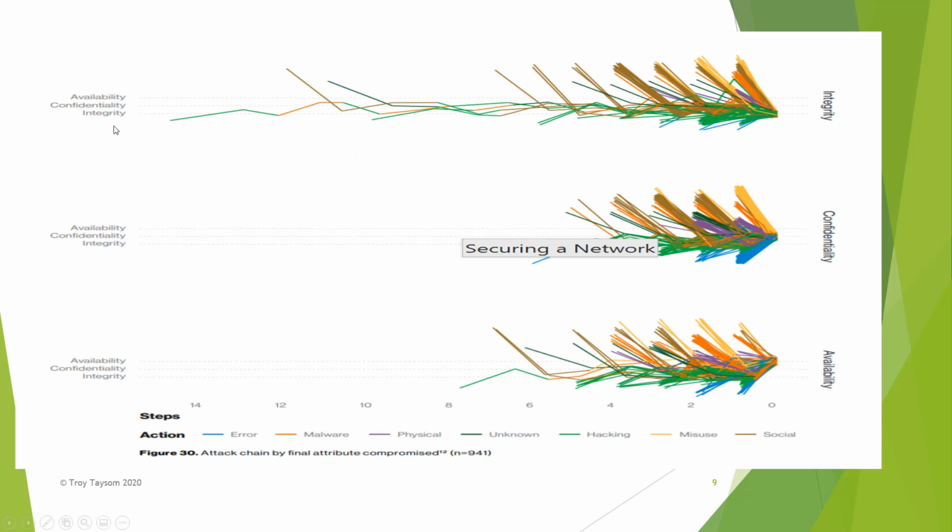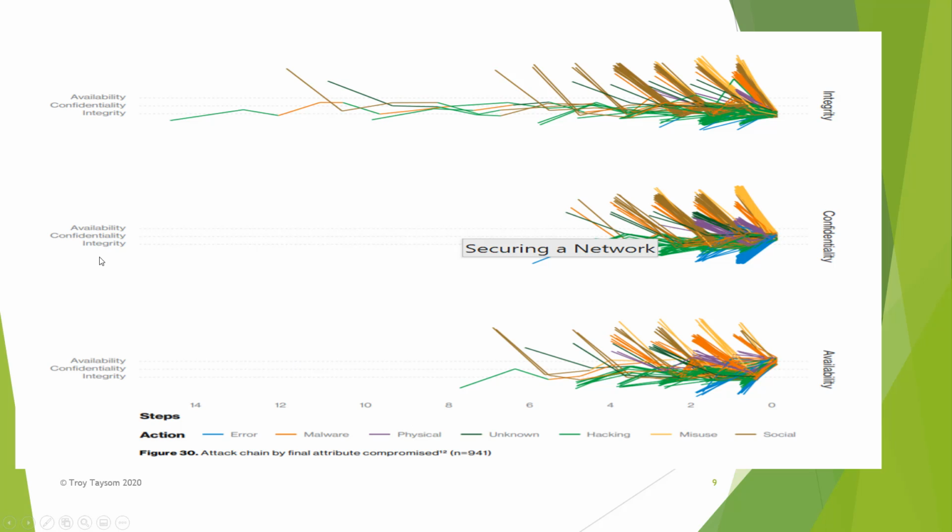If we take a look at this, these lines show, like, the blue is an error, this is malware, this is a physical attack, this is unknown, hacking, misuse, social, and then you see they give you availability, confidentiality, integrity, and then over here, here's the integrity part and what gets compromised when the integrity gets compromised, and down you go.